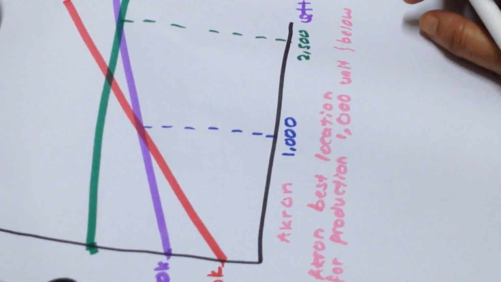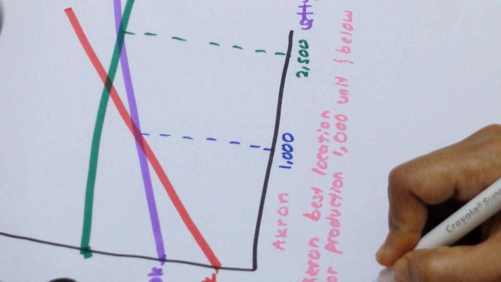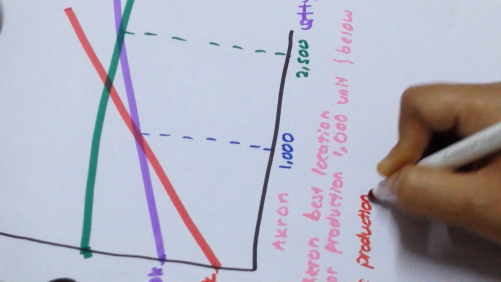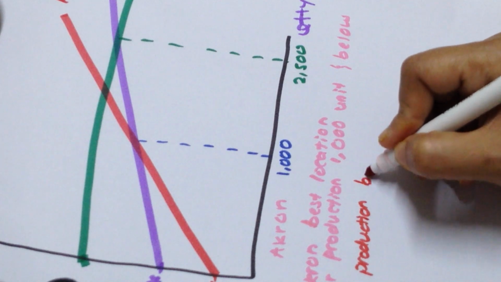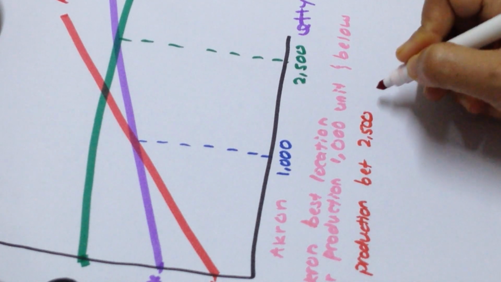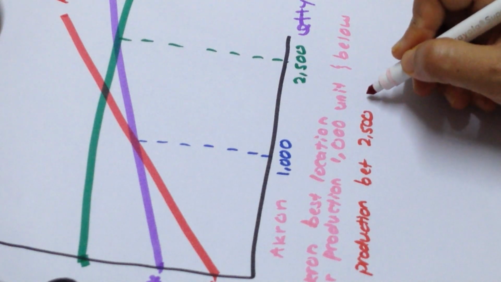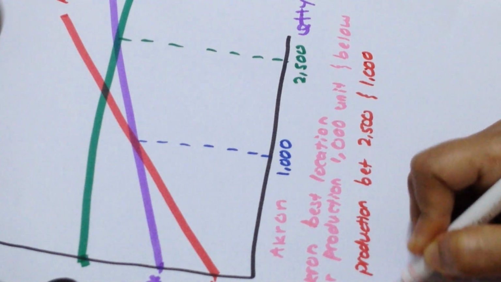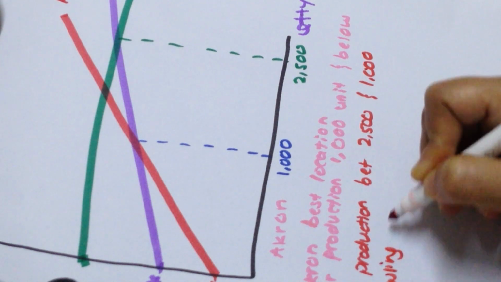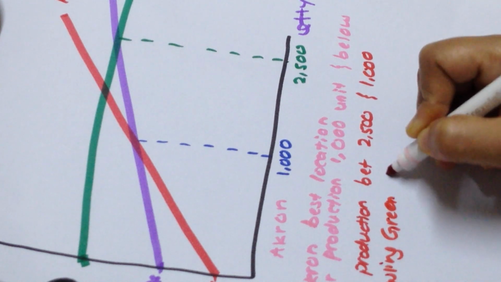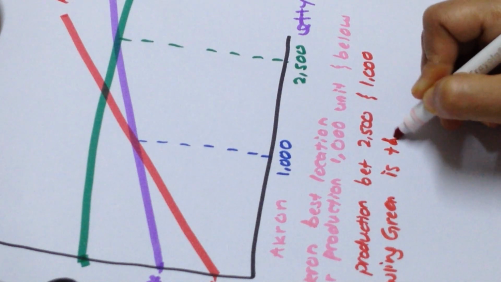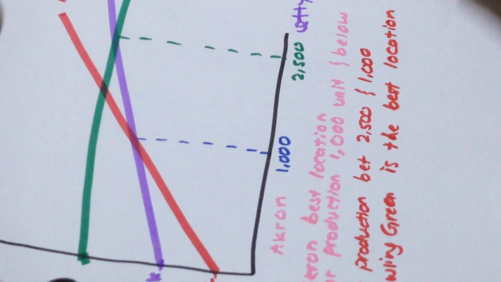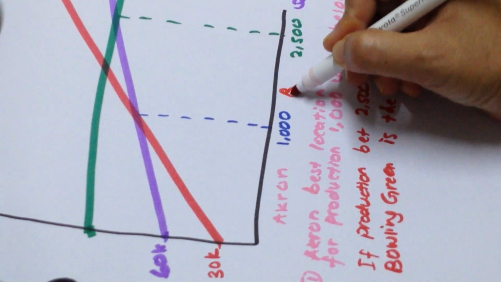So if you want to produce between 1,000 and 2,500 units, Bowling Green is the best location. So here is Bowling Green.